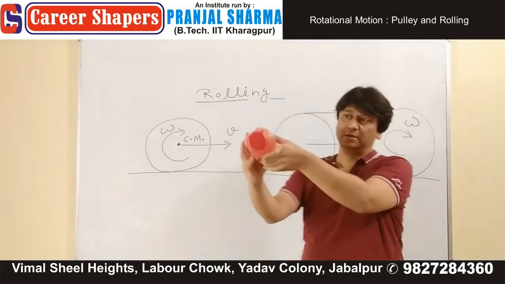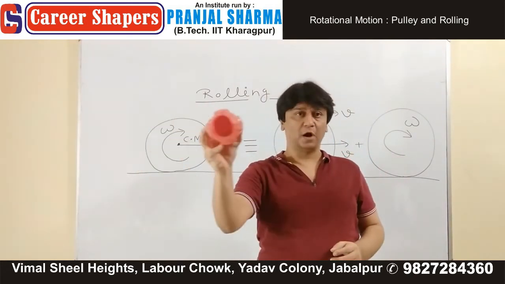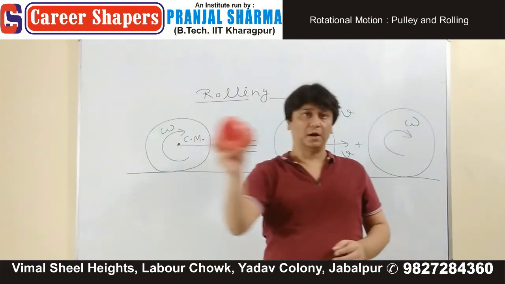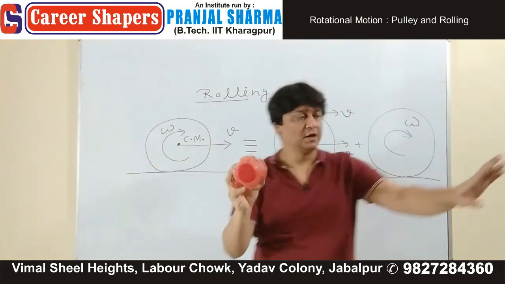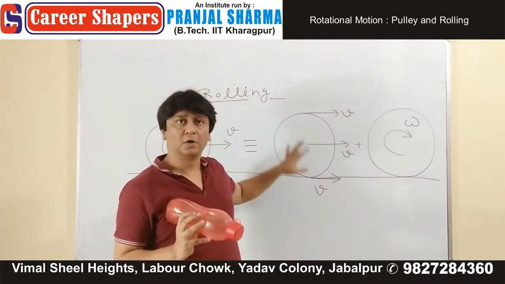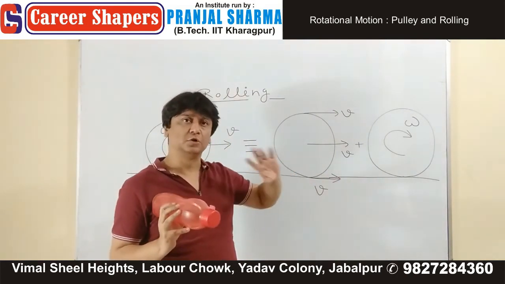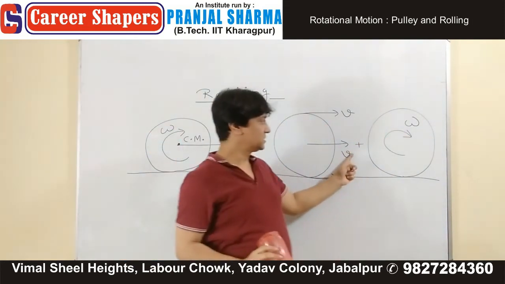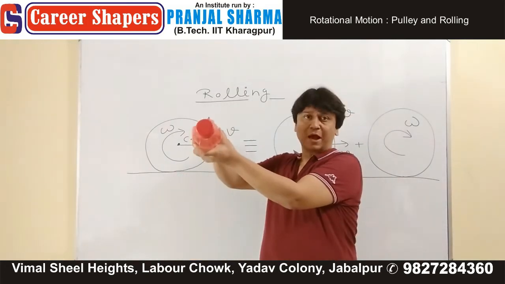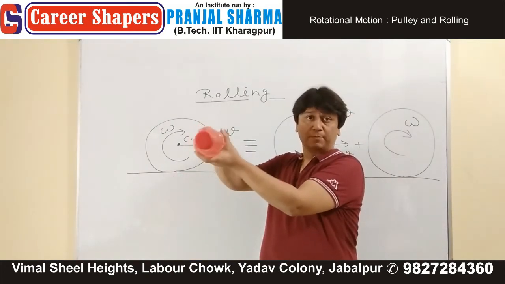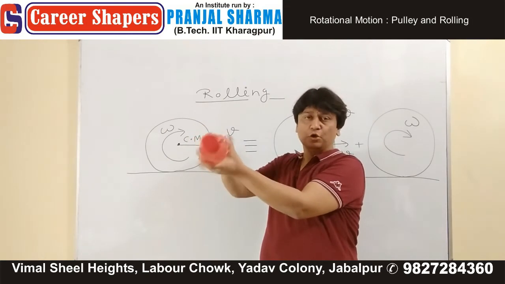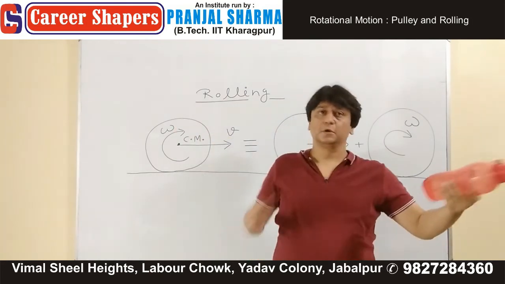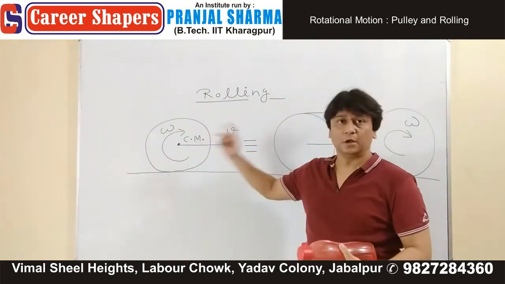One is that every part of the bottle has a translatory motion. Every part, no rotation is present. This will be called pure translatory motion. Pure means no rotation is present, like this. Plus, if you have only rotation present, pure rotation, no translatory part. So if you superimpose this over this, you get rolling.